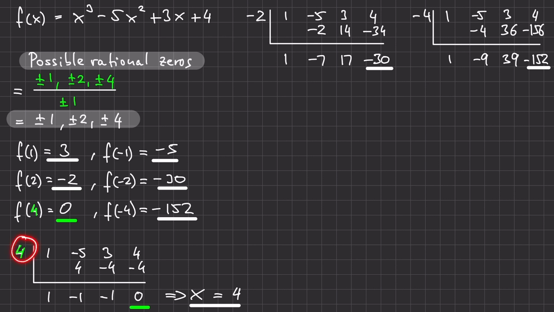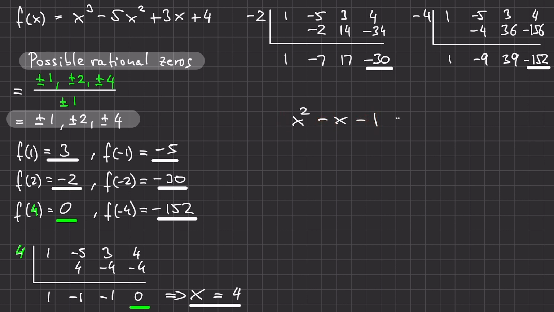Indeed we did. The first three numbers in the bottom row, 1, negative 1 and negative 1, give us the coefficients of our quadratic function. So our quadratic function is going to be x squared minus x minus 1.